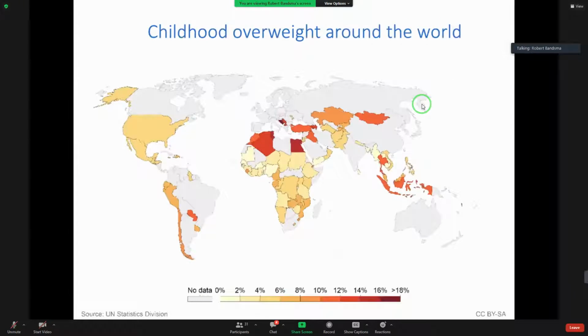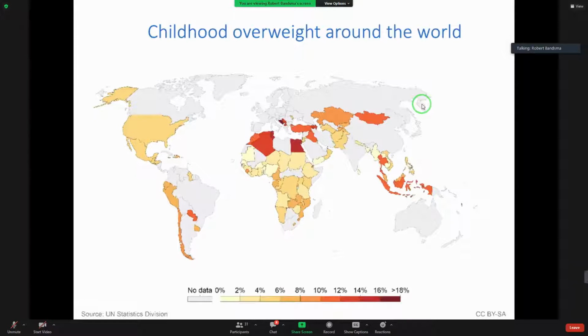And this is overweight. And what is interesting with overweight, it's commonly assumed to be highly prevalent in high income settings. But what we're seeing increasingly is that in countries that have made developments in their economic productivity, and their GDP has increased significantly over the last decades, we're starting to see more and more overweight and obesity happening in those populations, including in children.